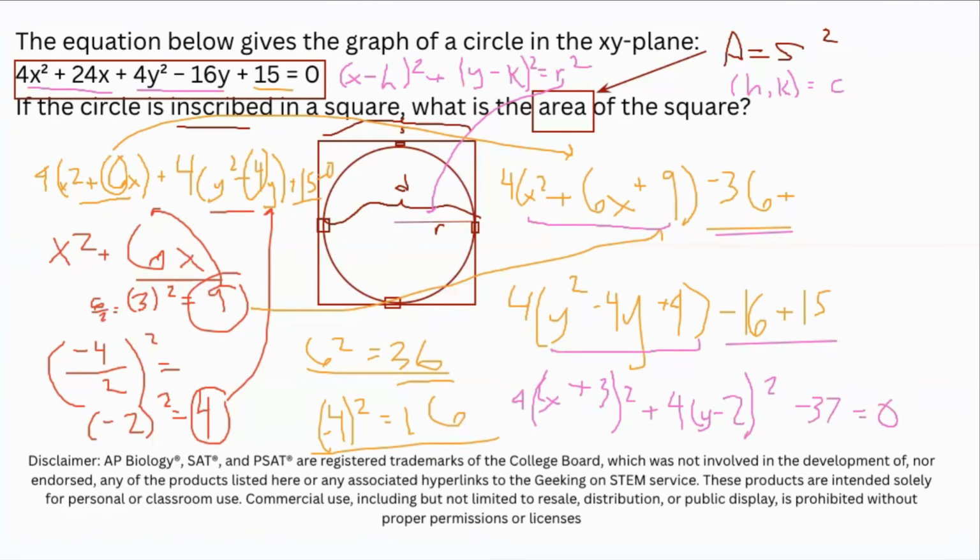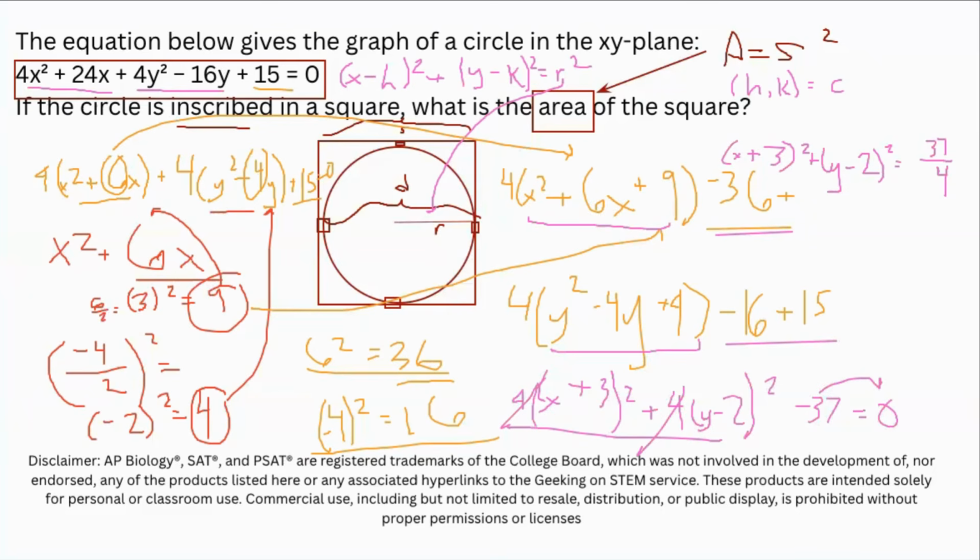Knowing this information, I'm going to bring the 37 over to this side and also divide both sides by 4. So bringing that over means that I have 37 over 4 because I divided these two, and then I just have these two left over. So I have x plus 3 squared plus y minus 2 squared equals 37 divided by 4.